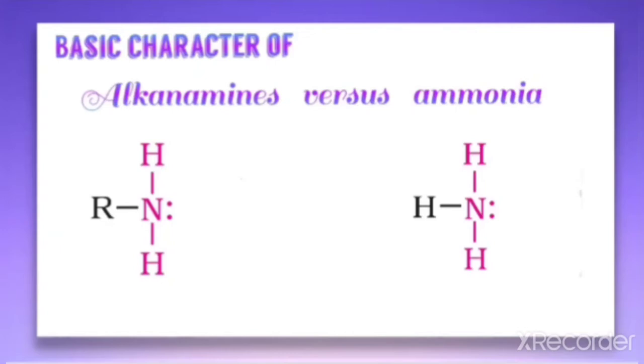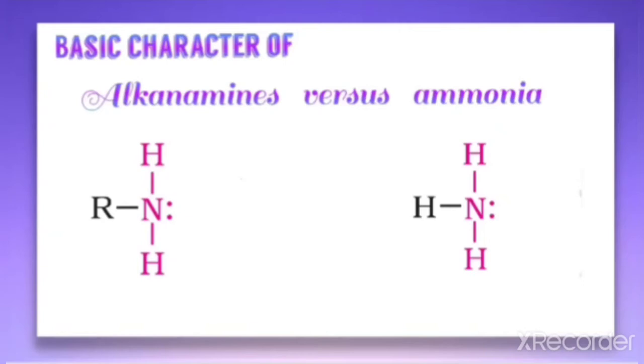When we compare the basic character of alkanamines versus ammonia, alkanamines can also be named alkyl amines. The structures of alkanamines and ammonia are given here. In both cases, there is an unshared pair of electrons.